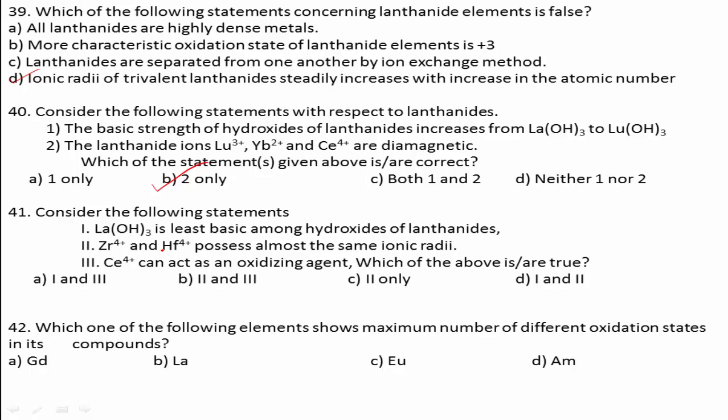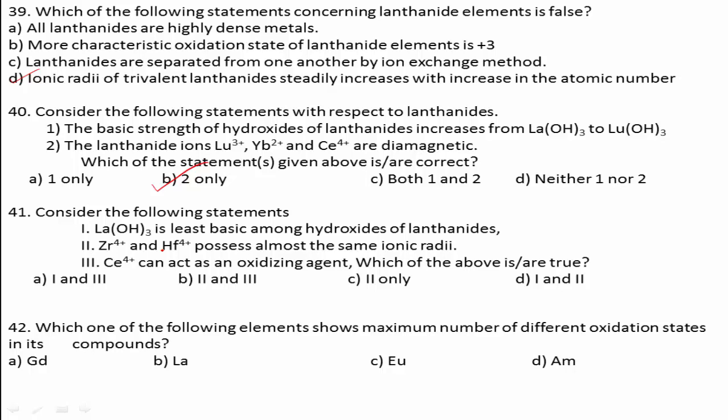Yes, the ionic radii of Zr4+ and Hf4+ are almost similar due to lanthanoid contraction, which means a steady decrease in the size of the atoms with increase in atomic number from lanthanum through lutetium. Due to the poor shielding of 4f electrons, the pull of electrons towards the nucleus increases, thereby decreasing the size.